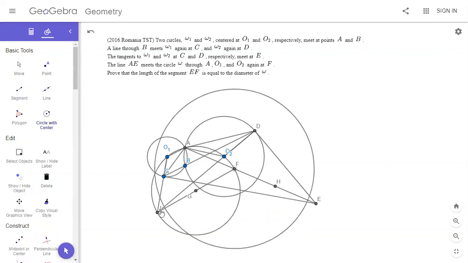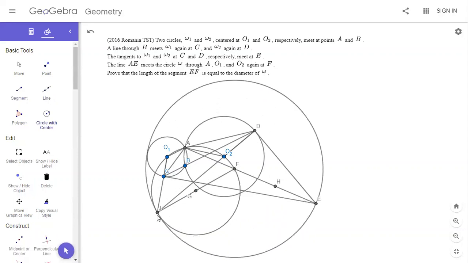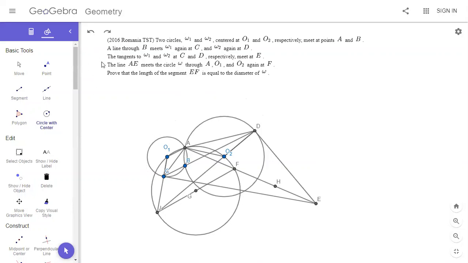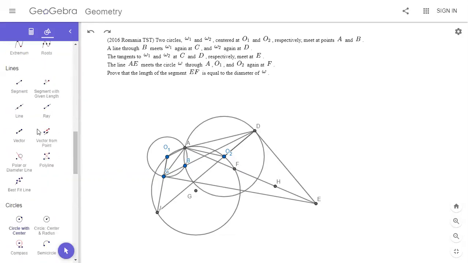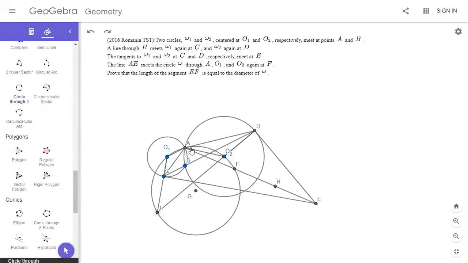If they are collinear, then we also have to prove that triangles JFE and O1CA are similar. Yeah, I see what you're saying. That would be the same as showing that those are similar. I still haven't proven that it is ACED or AJED, but I still haven't figured out how they're cyclic. At least not in my head.